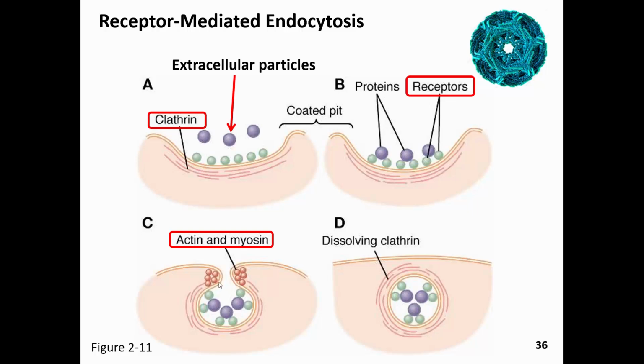Once that is formed, the clathrin proteins will form that coated pit, or rather the clathrin coat. Then, as soon as the endosome is completely formed, clathrin will start to dissolve the coat and will revert back to its original shape individually.